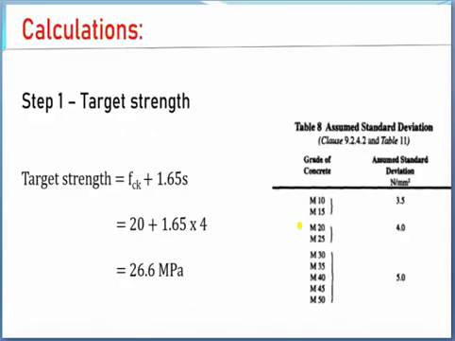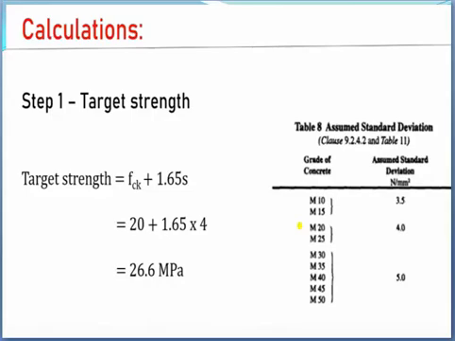First step is the target strength. Target strength is equal to fck plus 1.65 multiplied by S. So target strength is equal to the characteristic strength plus 1.65 into standard deviation. We are going for the design of M20.